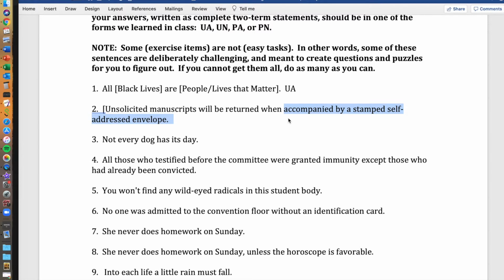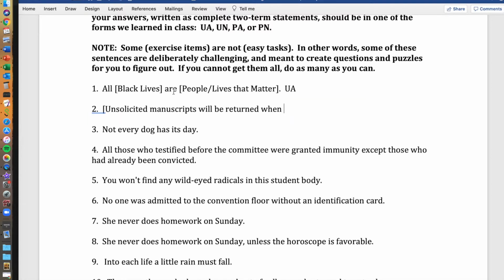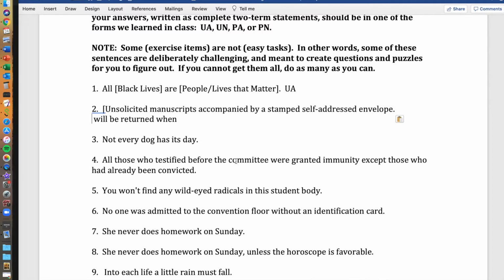And so when we have additional information like this, a qualifying phrase, for instance, right, we want to include all of that information to help us be precise about the category. So in this case, what we could do is move that additional information into the subject term category. Unsolicited manuscripts accompanied by a stamped self-addressed envelope.